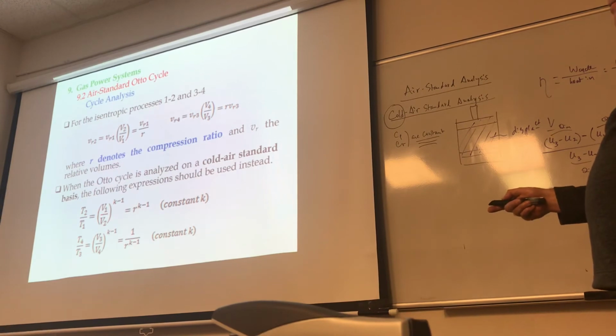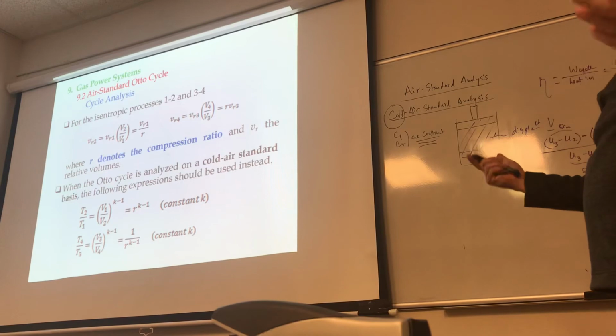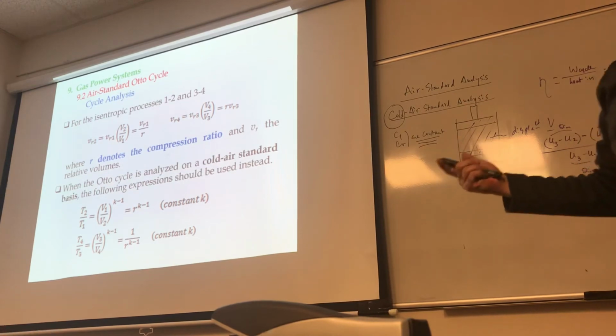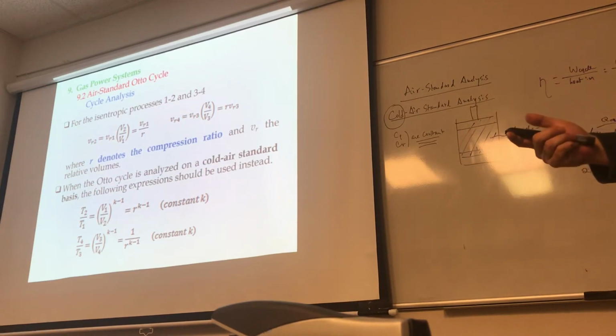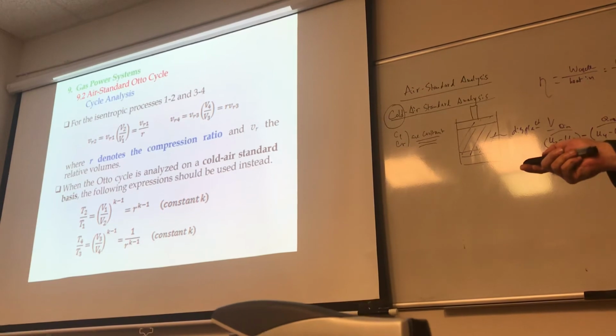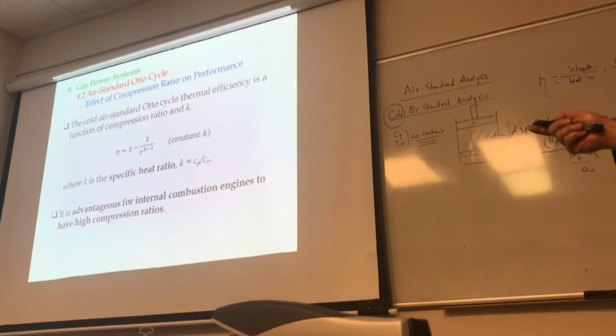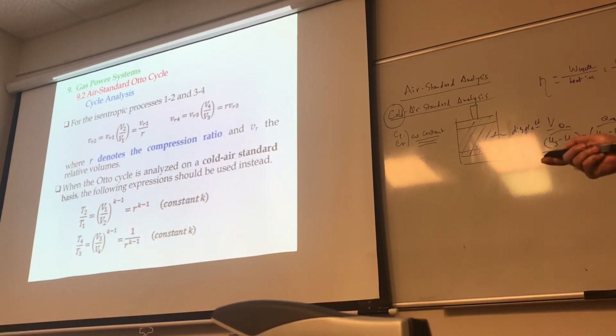And usually the volume changes are related to the compression ratio, which is typically given. So all those are easily calculated. Now, the cold air standard Otto cycle thermal efficiency is a function of the compression ratio, because you can see that in this previous equation.